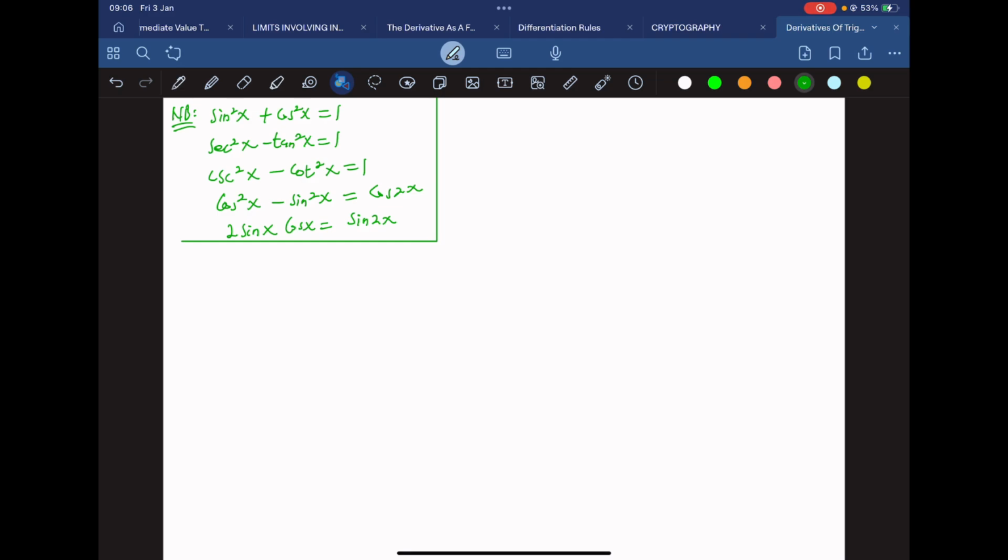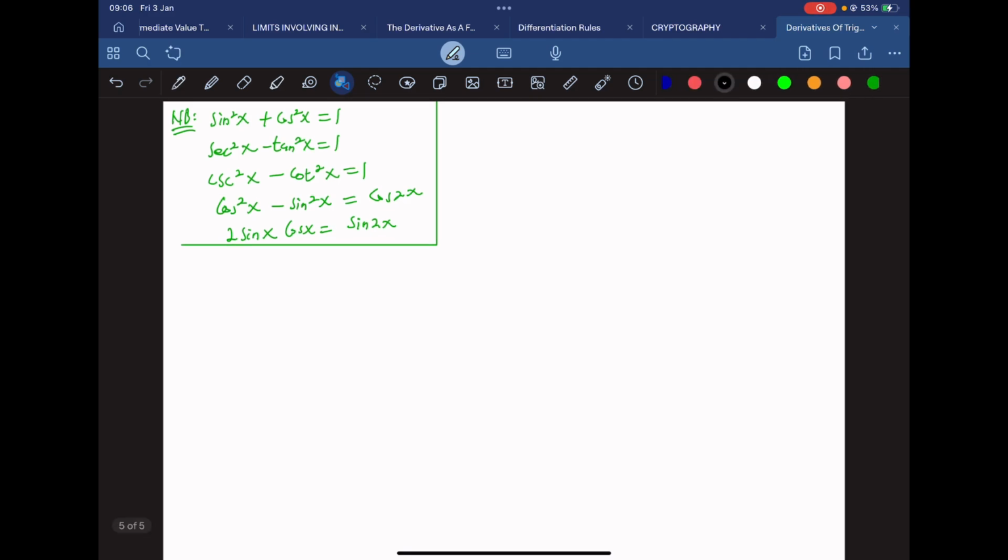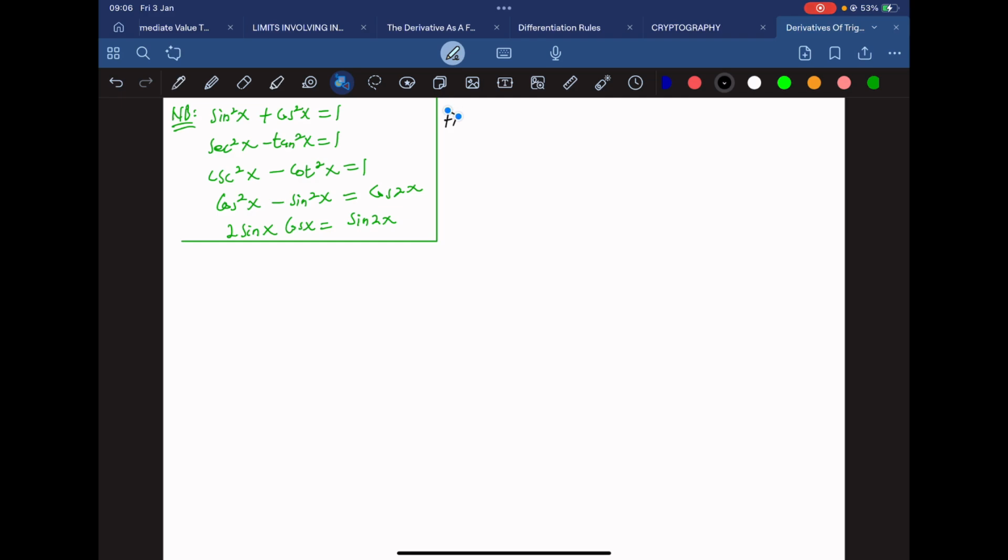Okay, now let's move on. Let's solve another question. We have to find y double prime if y is equal to secant of x.